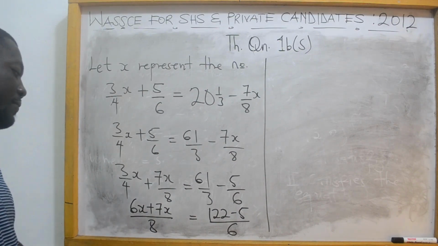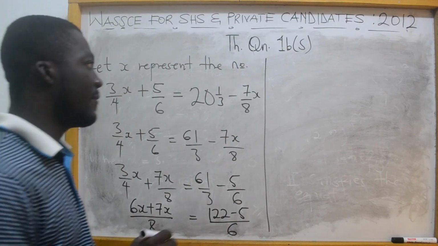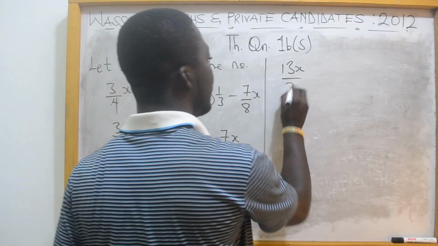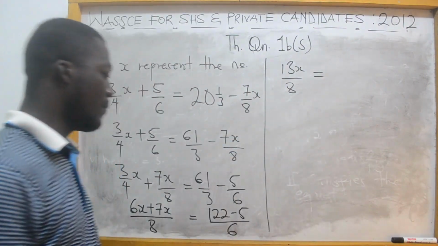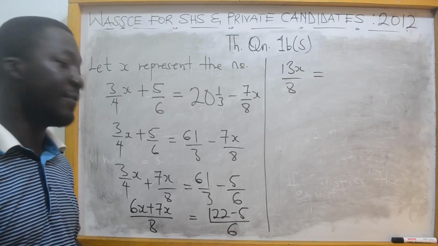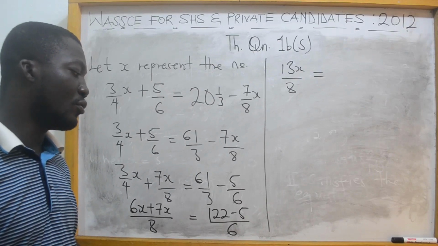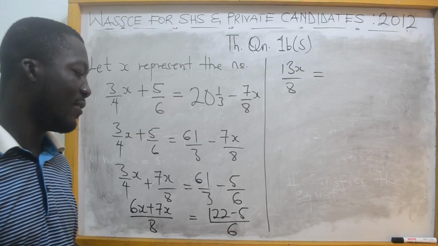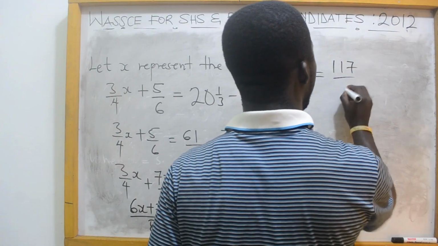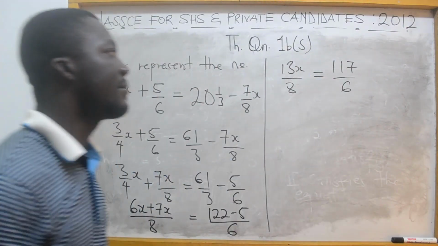And when we continue, 6x plus 7x will give us 13x divided by 8, which is equal to 122 minus 5, which will give us 117. So 117 divided by 6.